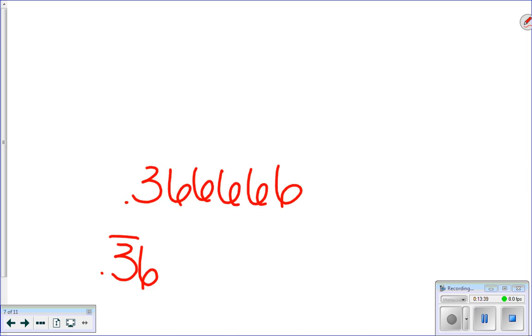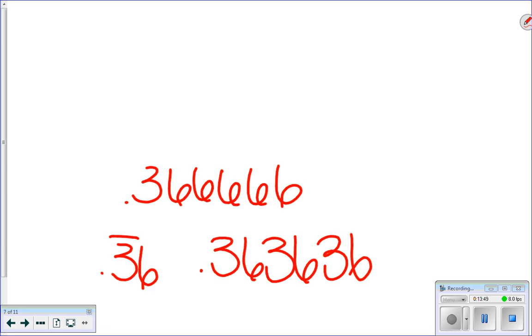Why is this not the same thing, Jasmine? There's not another 3. If I write it like this, then the answer looks like this. They're different things, aren't they? So you only put it over what repeats. That's it.